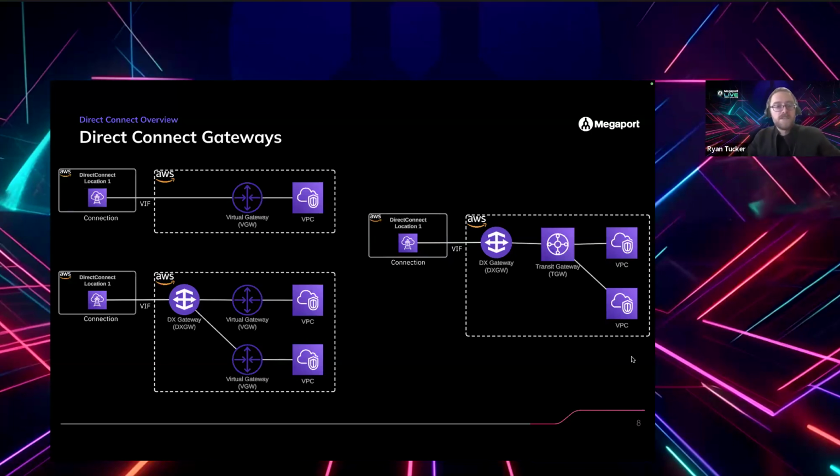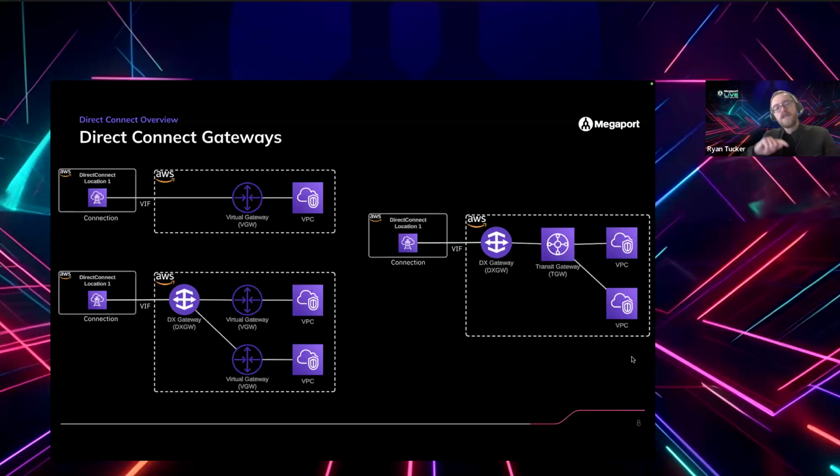So if we start at the very top left, this is the first way, I guess. This is probably what we might realistically start calling the traditional way, or maybe even legacy, depending on your use case. But certainly this is the first option. And this top left option basically shows direct connect with a private VIF.